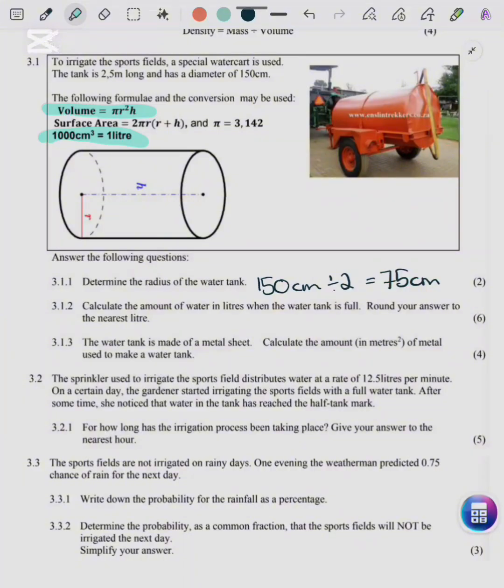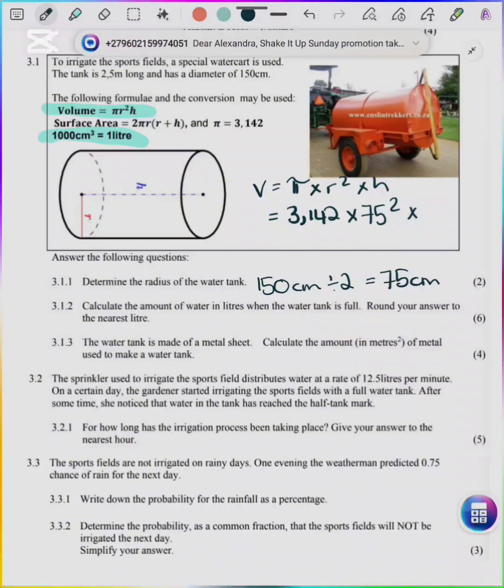So we follow our normal process of first writing out the formula. Volume is pi times radius squared times height. Fill in what we know. Well, this time we're looking for volume, so we can leave the volume out. Pi is 3,142. Radius we had was 75 centimeters, and we're going to square it.